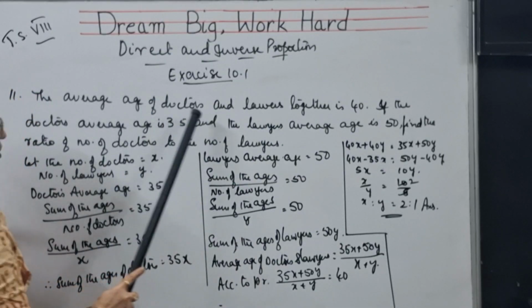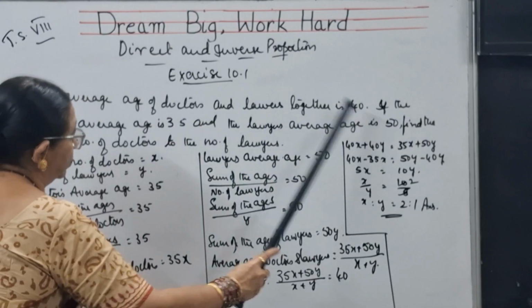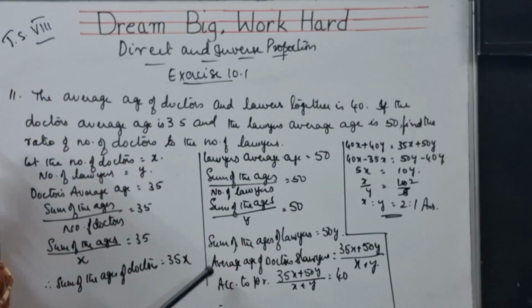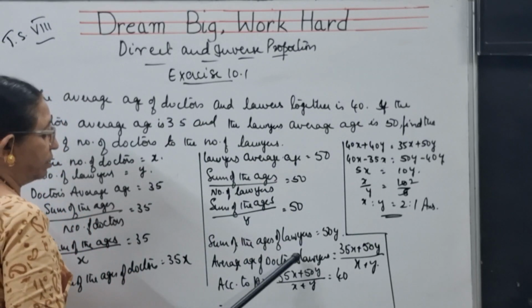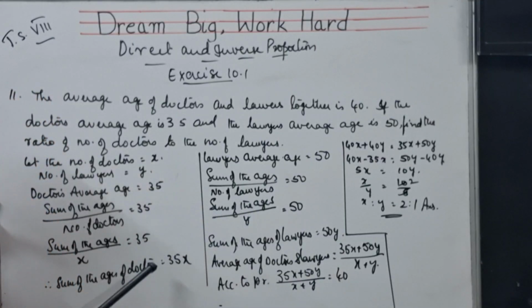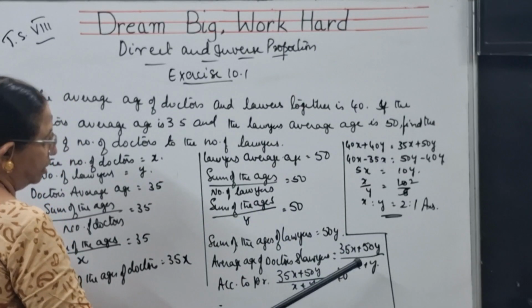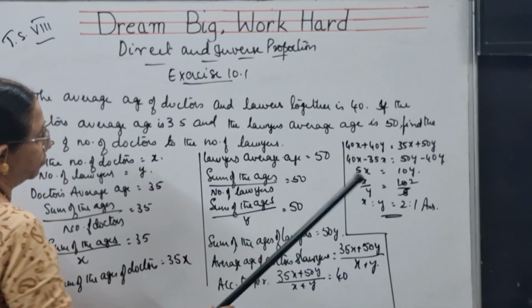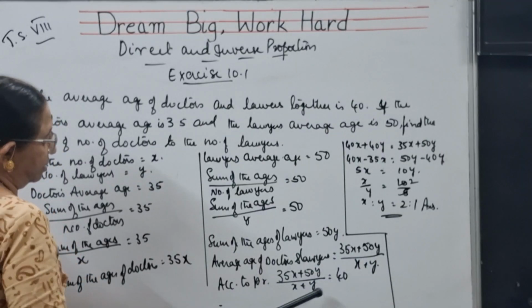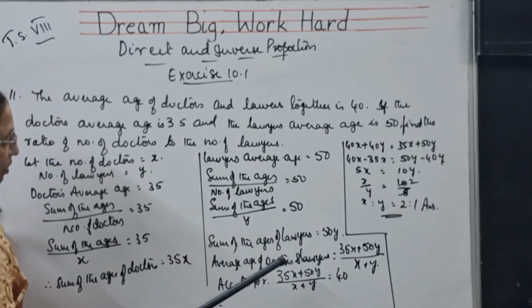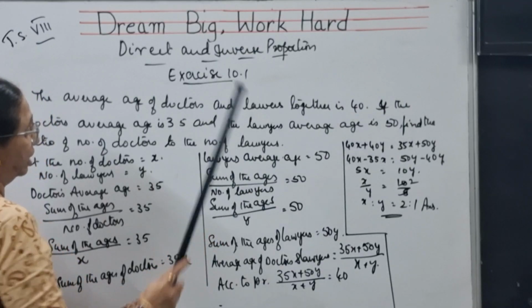They have given the average of doctors and lawyers together is 40. That means the average age for doctors and lawyers is their sum of ages, that is 35x plus 50y, divided by the number x plus y. So actually this value 35x plus 50y by x plus y is 40, they have given.